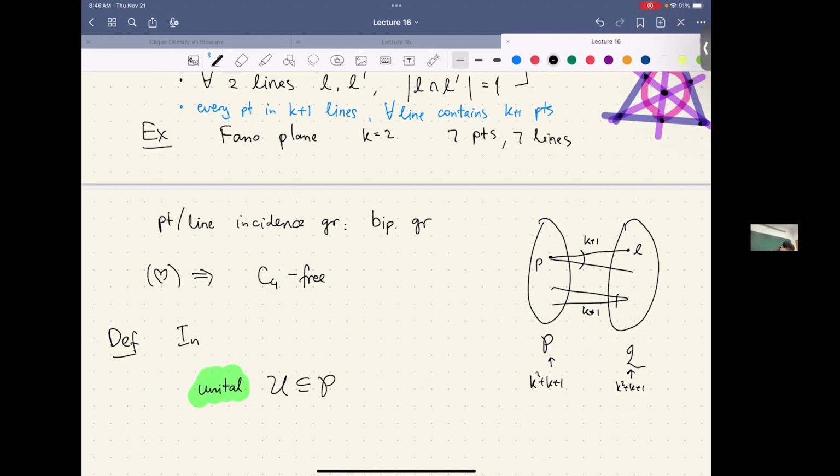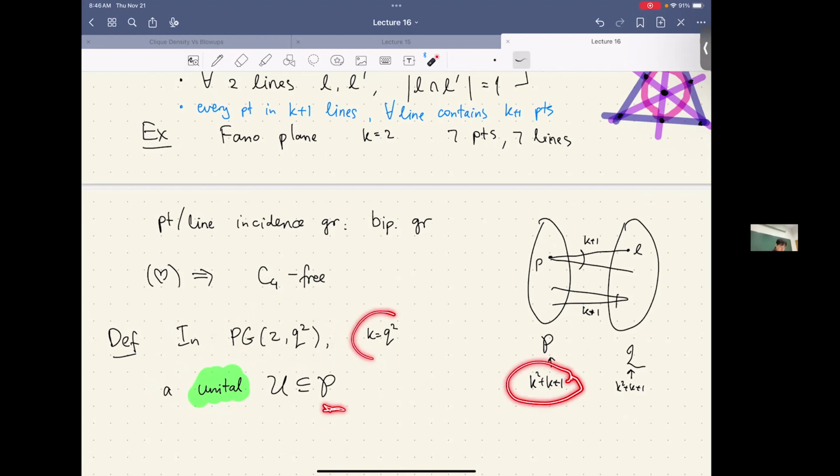So in the projective plane PG(2, Q squared), K equals Q squared. Okay. A unital is a subset of points of P. So now when K is Q squared, how many points? K squared roughly, which is K to the 4.